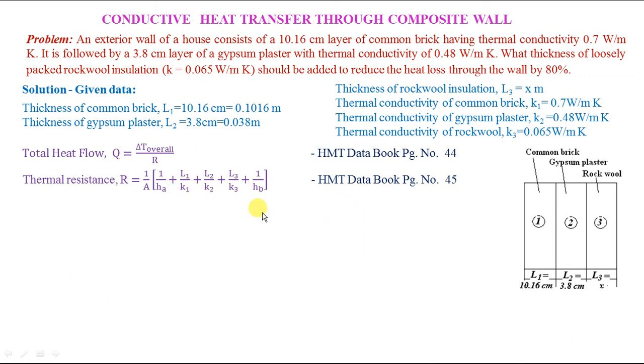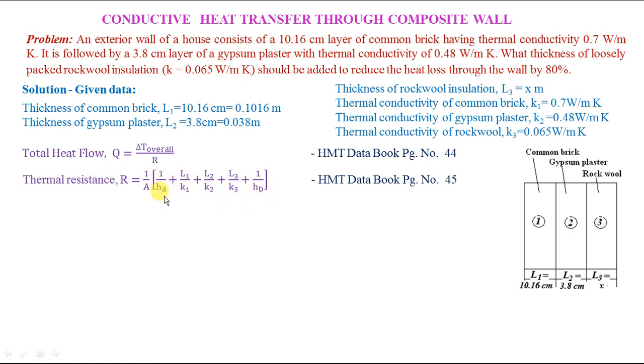Here there is no convective heat transfer inside or outside of the composite wall. So 1 by HA and 1 by HB can be avoided.